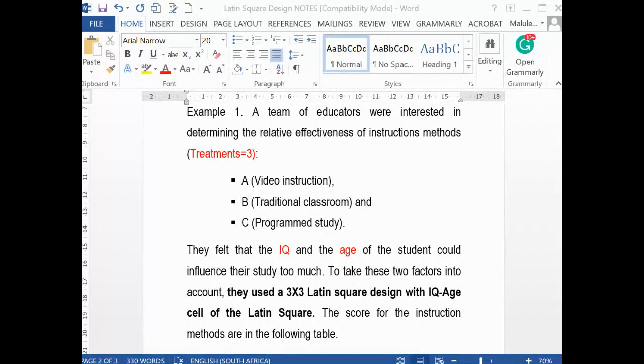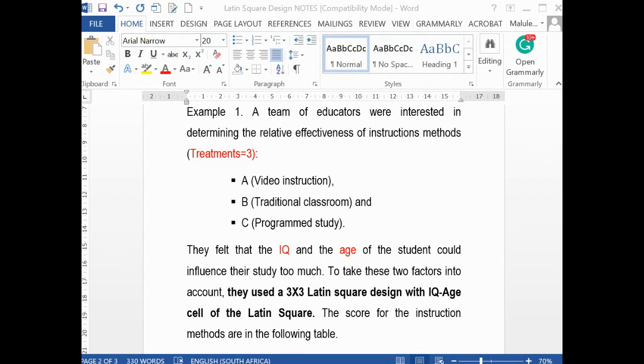Yes, we can. So I'm saying based on this problem here, you must first check what your treatment is. And the treatments are represented by the letters. When you're given a problem, it's easy to identify a Latin square design. And then because it's a Latin square design, you must know what is being used to block.